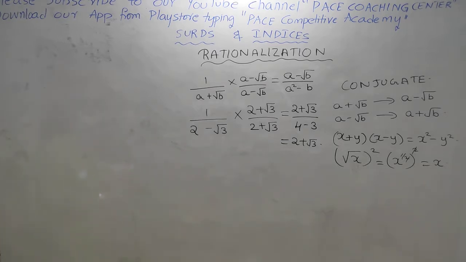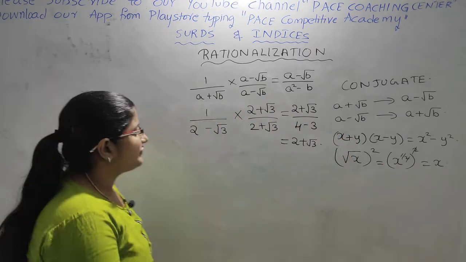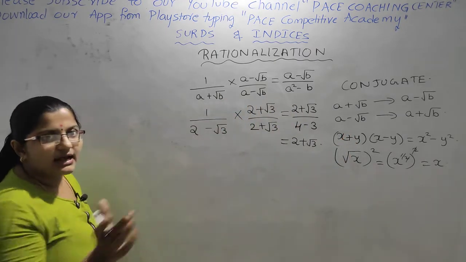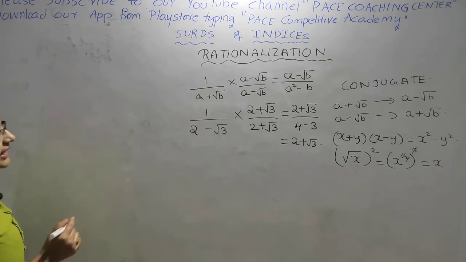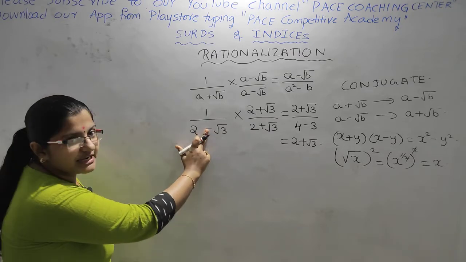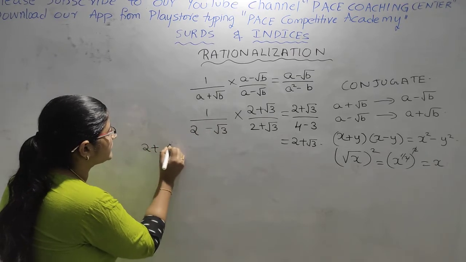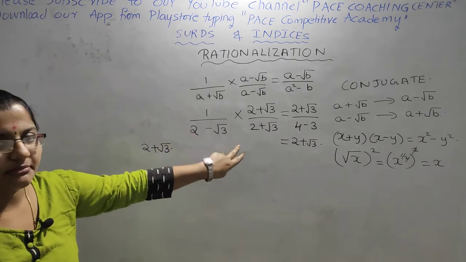You got the meaning of rationalization, right? You need not do the entire process. For example, you are asked to simplify 1 by 2 minus root 3. So directly we can tell the numerator will be the conjugate of the denominator, which is nothing but 2 plus root 3. And the denominator will be of the form a square minus b square.